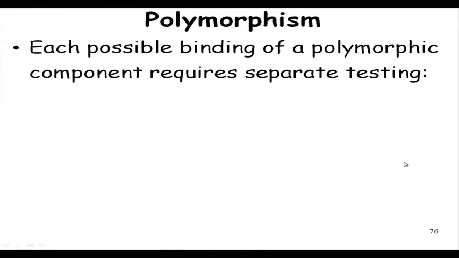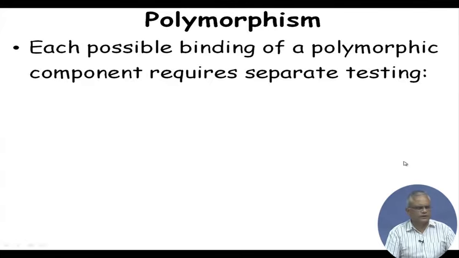Now, what about polymorphism? This is another prominent feature of object oriented programming. We know that polymorphism is present in object oriented programming either as static binding or as dynamic binding. So, for each case separate testing is needed.